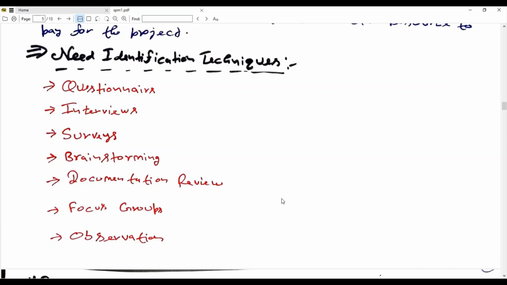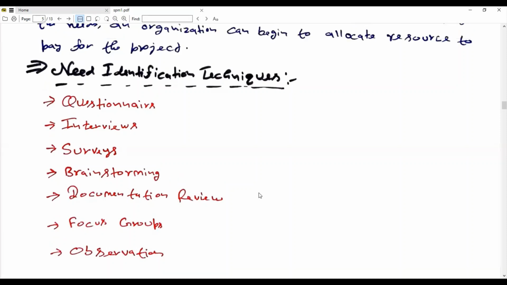Observations are directly like a survey; data is collected directly from the field in this process. So this is all for this lecture. Prepare your good quality notes and study well.